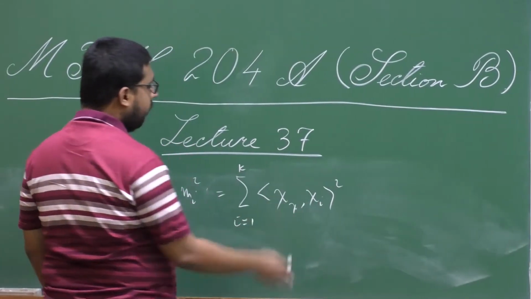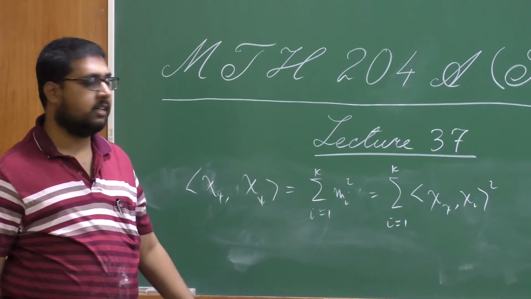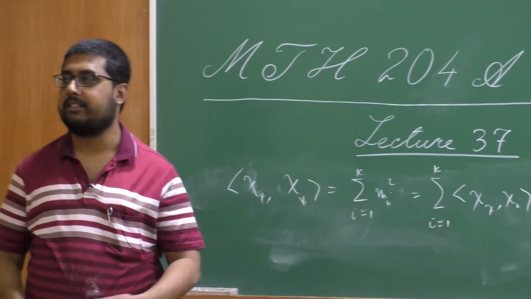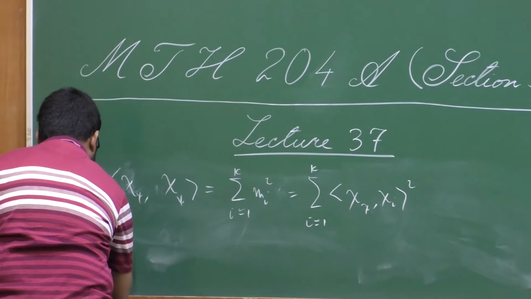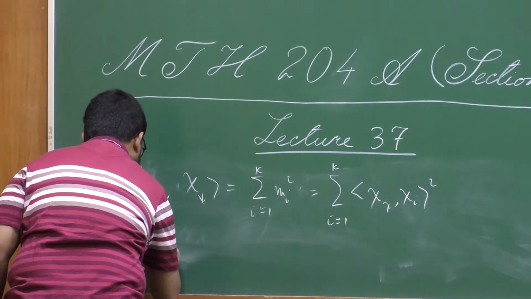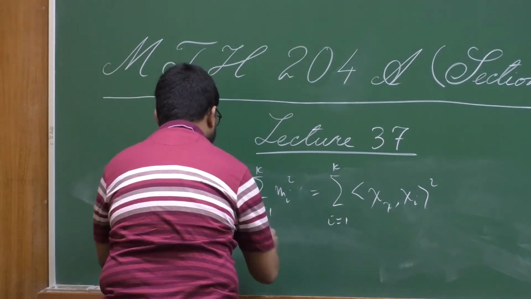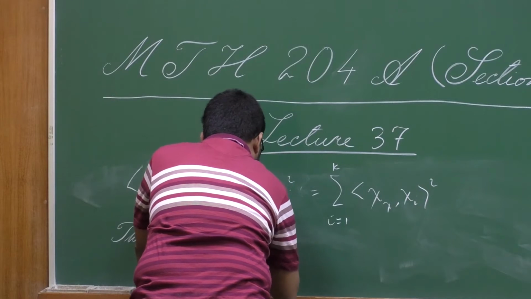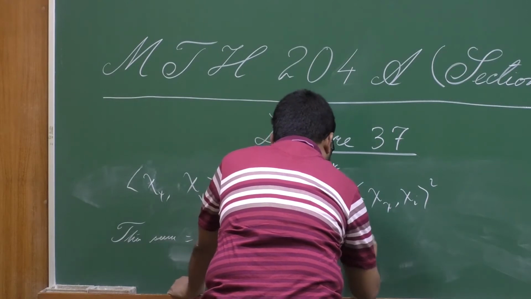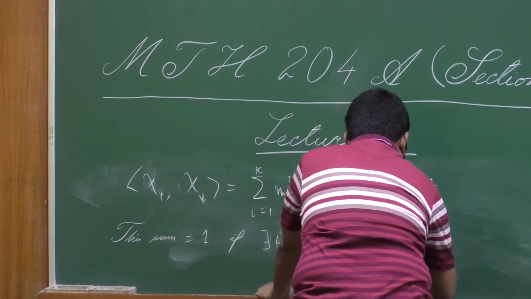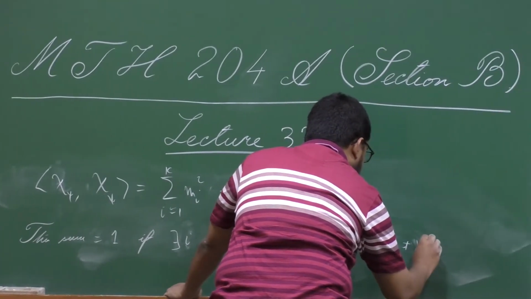So it is a sum of squares of non-negative integers, and such a sum is equal to 1 if there exists i such that mi is 1 and mj is 0 for all j not equal to i, right, that is clear.